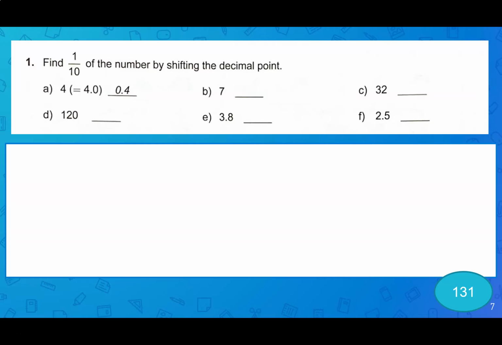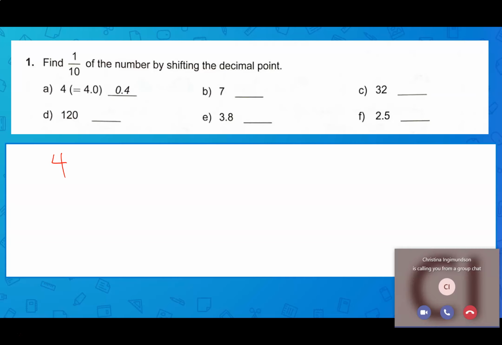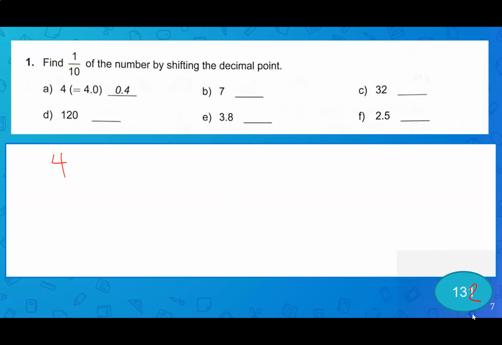Question 1 on page 130, this should be 132, says, find 1/10 of the number by shifting the decimal point. So question A is done for us. So we started with 4, and we need to find 1/10 of that number. So again, I encourage you, rather than trying to memorize if the decimal should go left or right, ask yourself, am I trying to make a bigger number or a smaller number?